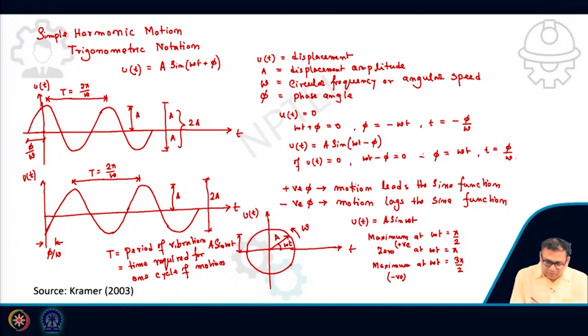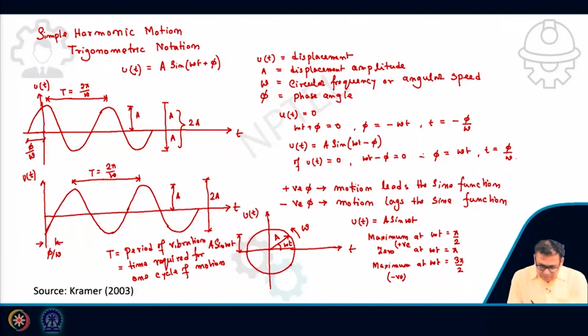Here you can see this is one cycle of motion. If you start from here and go up, that is one cycle. Then another cycle, you can start from here also. You start from here and it will end. So that is a total of one cycle. That means the time required to complete one cycle is your period of vibration.